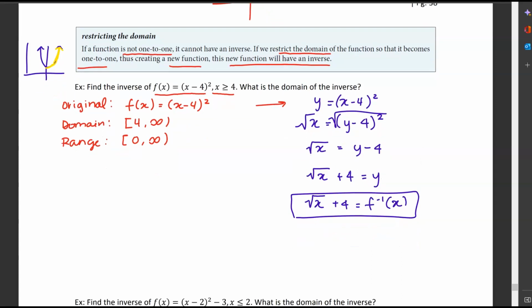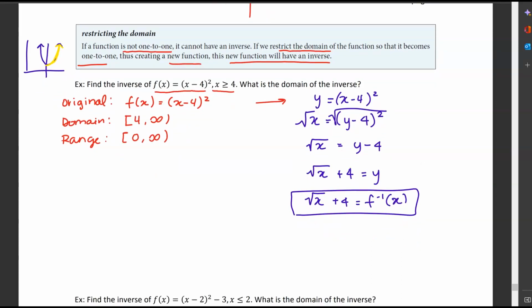All right. So what is the domain of the inverse? Remember that when we have our original function f of x, for the inverse they get swapped. So the inverse function, f inverse of x, will have a domain that is the same as the range. So it's going to go from 0 to infinity.